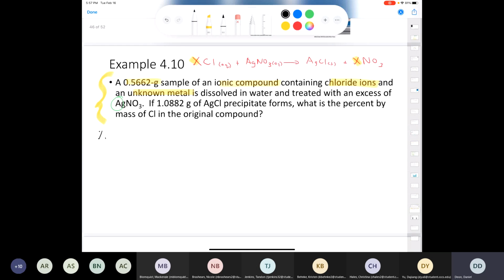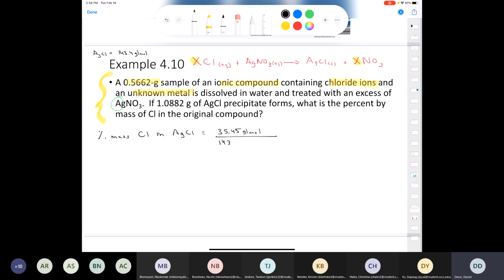The percent mass of chlorine in silver chloride is going to be equal to the molar mass of chlorine, looking at the periodic table, 35.45 grams per mole, divided by the molar mass of silver chloride, AgCl, which I got as 143.4 grams per mole.